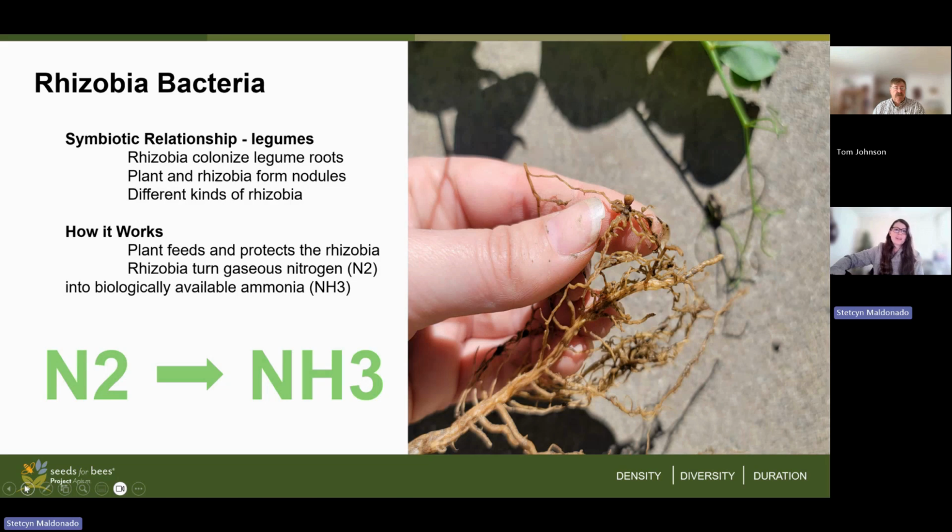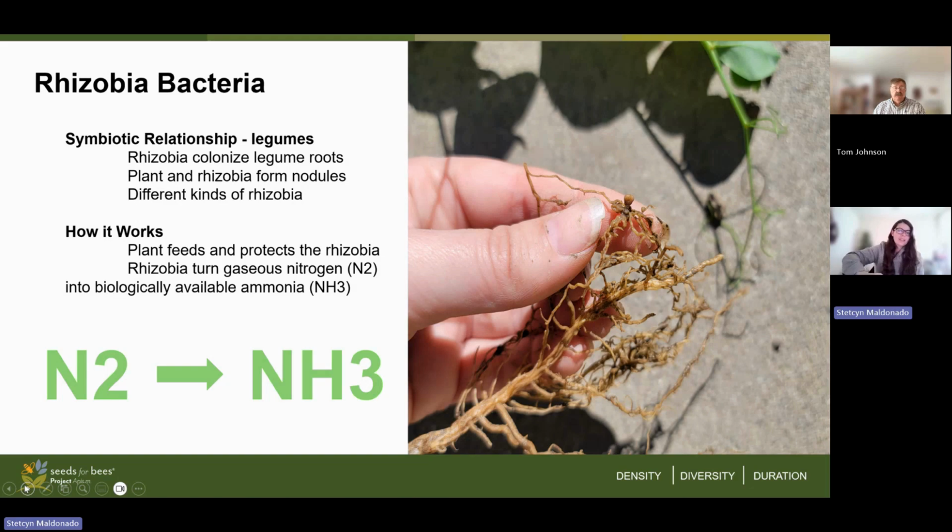The process starts with Rhizobia colonizing those roots, and then the plant and the Rhizobia will form nodules. You can see one of those nodules on my finger, between my fingernail and my pointer finger. It has a unique shape, almost like a rough heart. This one is on a pea plant.